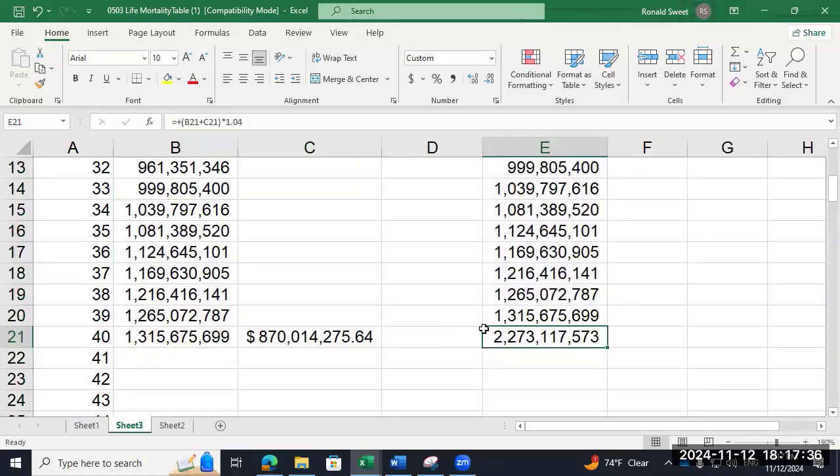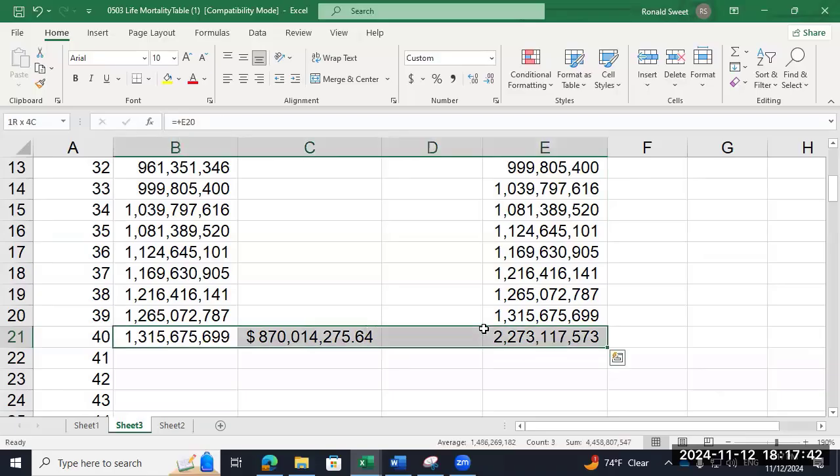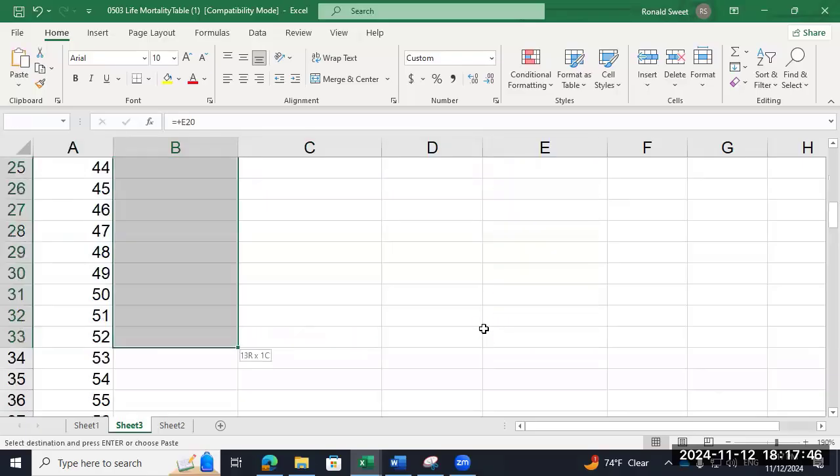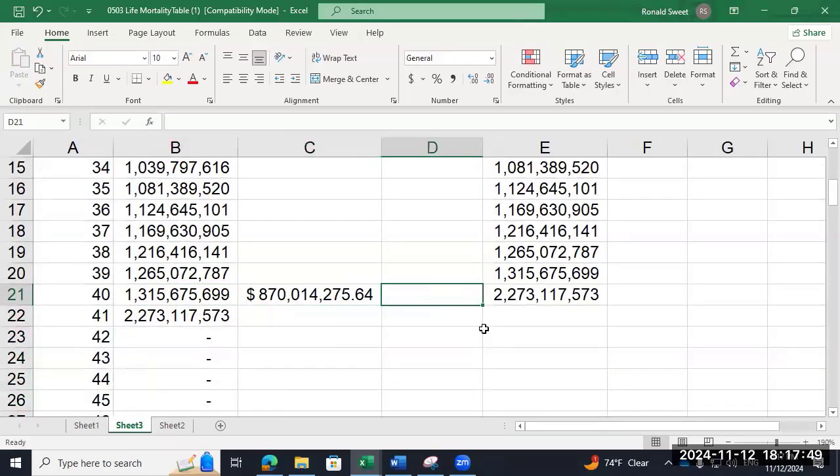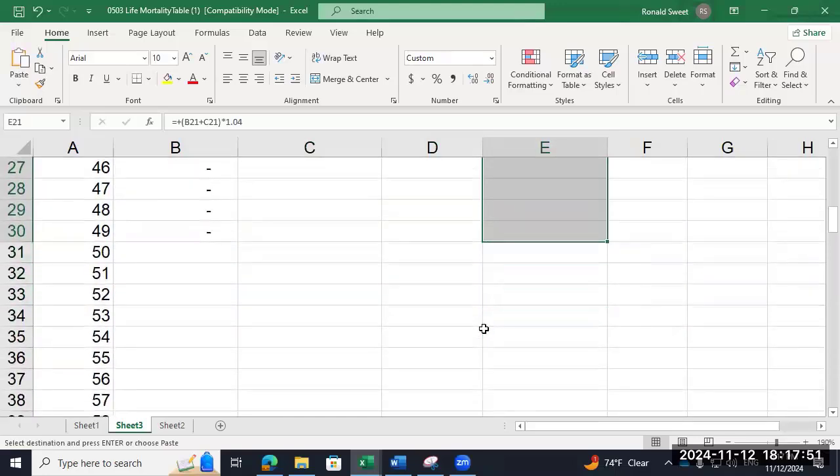Everybody with me so far? Does that make sense? We're up to $2.2 billion. So it's a pretty good size insurance company. What happens next? Well, up until age 50, we just keep collecting this down.